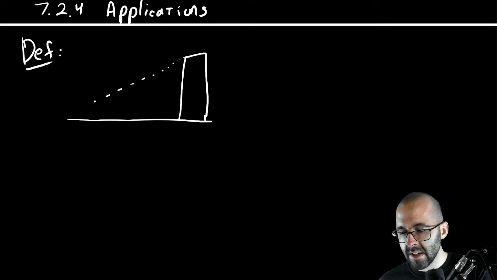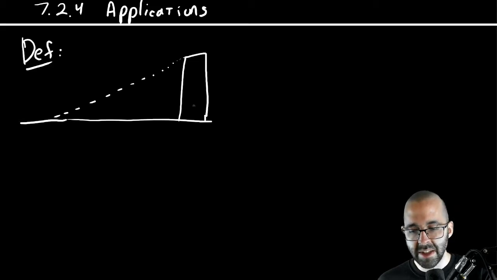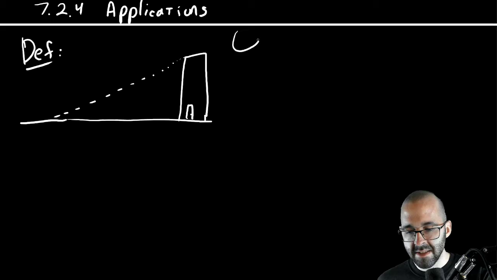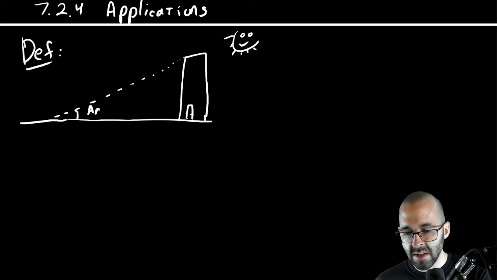All right. Say we have a situation like this. There's a building. It's a nice sunny day. Sun has a happy face, whatever. Say there's a picture. Then this angle right here is what's known as an angle of elevation.